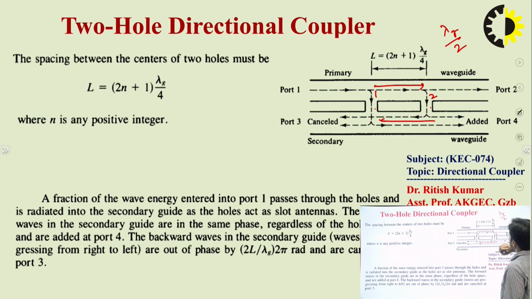If you find the phase from this travel distance, 2 pi by lambda g times lambda g by 2, it gives pi. So the travel phases are opposite, a 180-degree phase shift. That's why both the powers will be cancelled out at port number 3. So you will not have any power at port number 3. That's why we call port number 3 an isolated port.